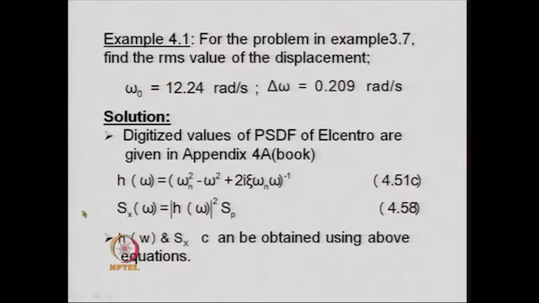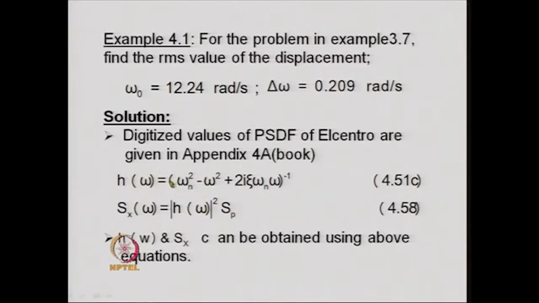Using those values, one can find the value of h omega for each value of omega, and then one can find the S P. S P here will simply be equal to S x double dot g, that is the power spectral density function of the ground acceleration of the El Centro, times h omega absolute square.